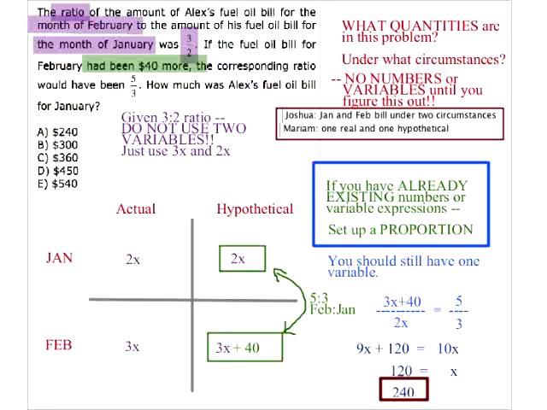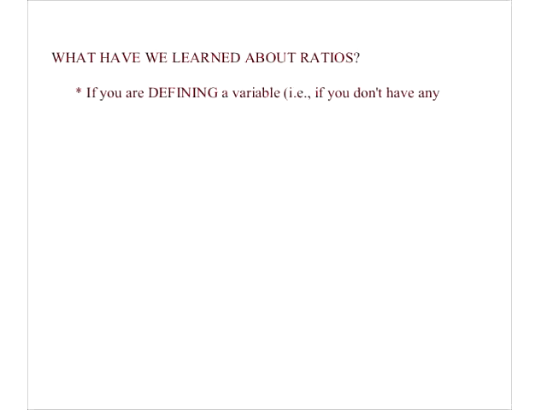But let's just review what we've learned about ratios so far. The first thing is that if you are defining a variable, in other words, if you don't have any expressions or numbers yet, then use the x unknown multiplier.